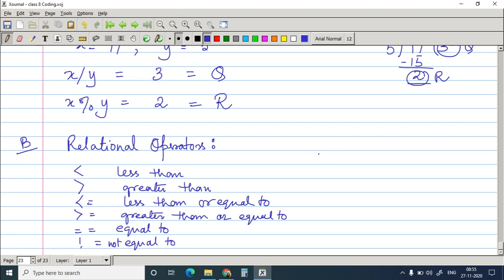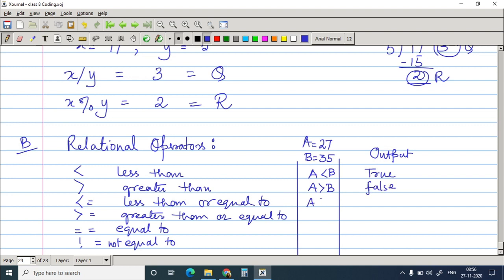These relational operators yield the answer in the Boolean data type, either true or false. Suppose A equals 27 and B equals 35. If A less than B, this is correct, so the output will be true. A greater than B is not true, so that will yield a false.